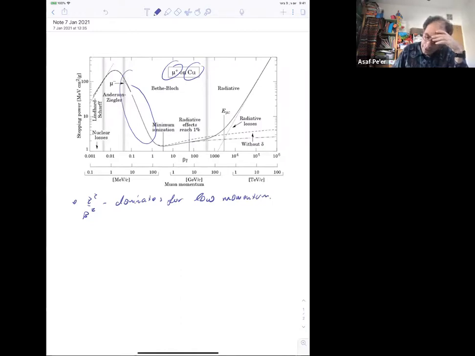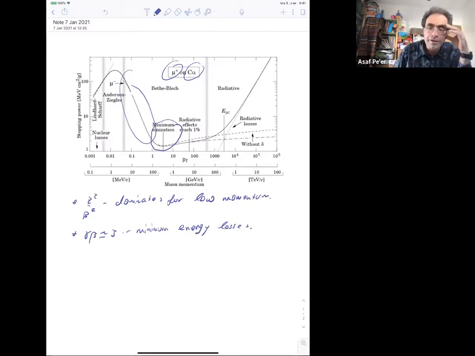And then the minimum energy loss is here, the minimum ionization, at about gamma beta equal 3. Particles that have these energies are simply called minimum ionizing particles, or MIPs.